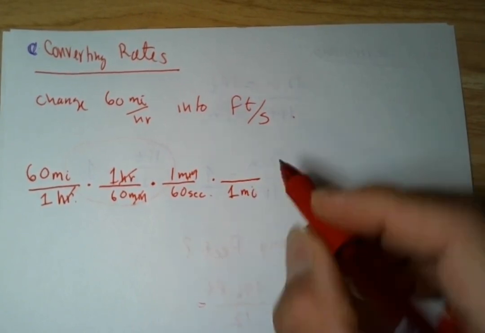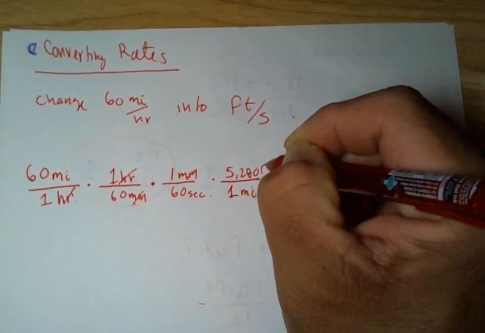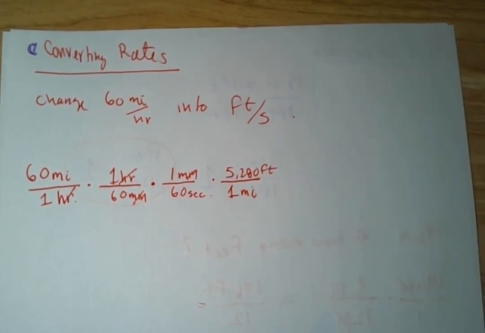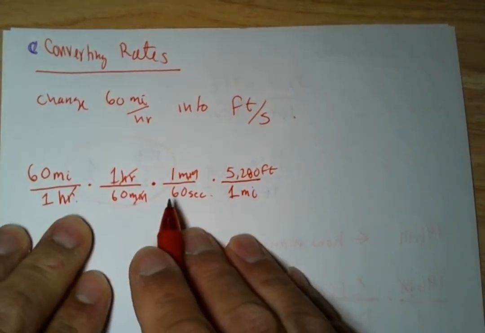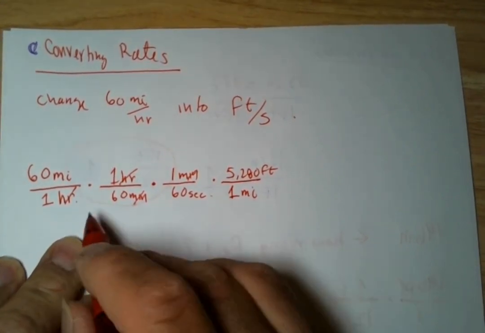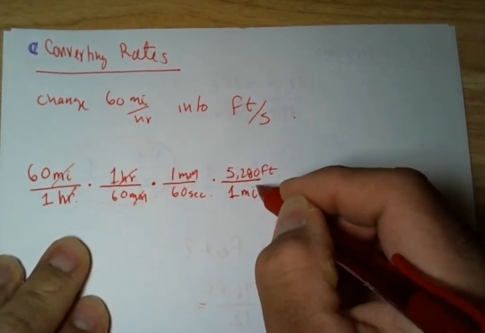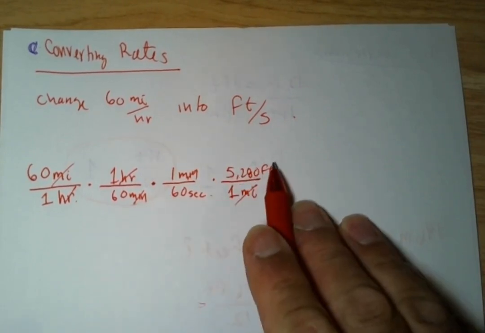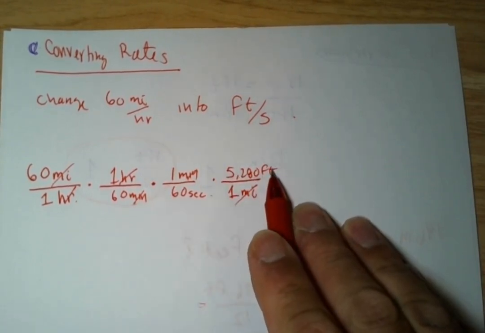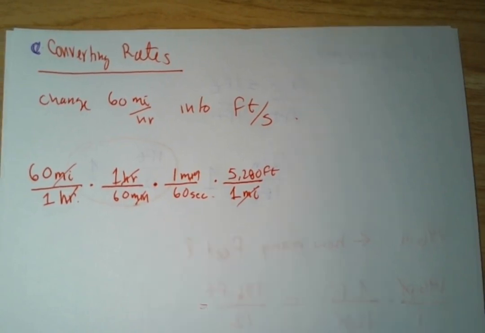So 1 mile per 5,280 feet. Okay, and again here, tracking our units, we see the miles reduce. All right, and now looking at all of my units, what's left, we should only have 1 unit in the numerator, which is feet, and 1 unit in the denominator, which is seconds.